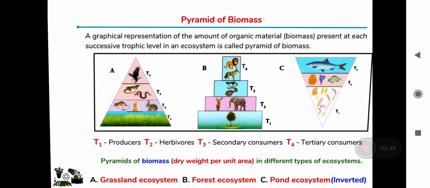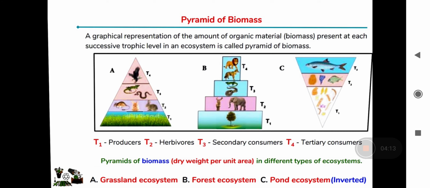Of course, in the grassland, the dry weight of the grasses will be more. The producers will be more as compared to the primary consumers, secondary consumers, and tertiary consumers. So the pyramid will be upright.